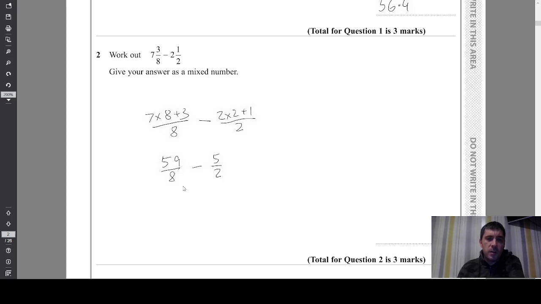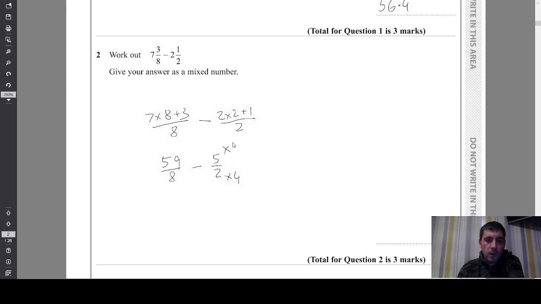Much easier is to spot that 8 is actually in the times table of 2, and instead of multiplying 8 times 2, we can only multiply by 4, because when taking away, we need to make sure that the denominators are the same.